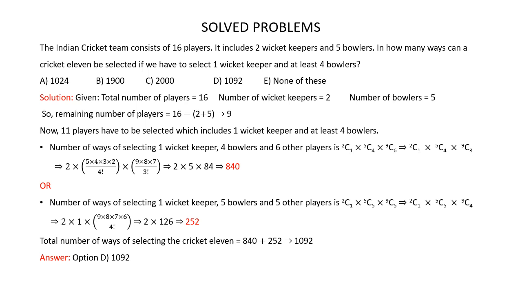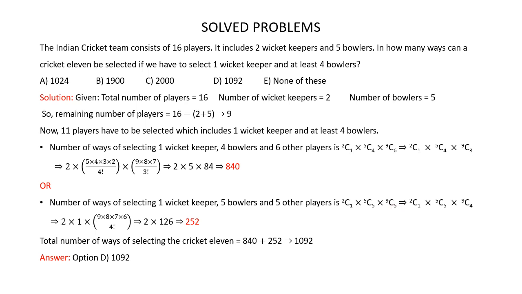Now here the 1 wicket keeper can be selected from 2 wicket keepers in 2C1 ways and is multiplication. 5 bowlers can be selected from 5 of these bowlers in 5C5 ways and is multiplication, and the rest of the 5 players can be selected from the remaining 9 players in 9C5 ways.